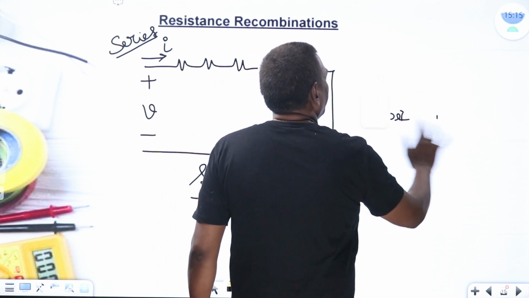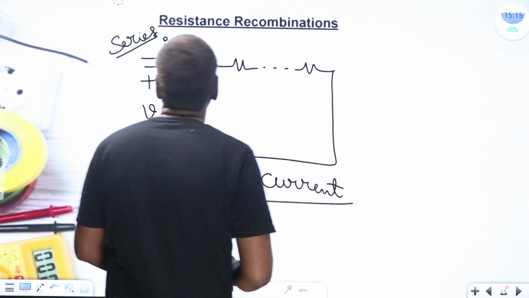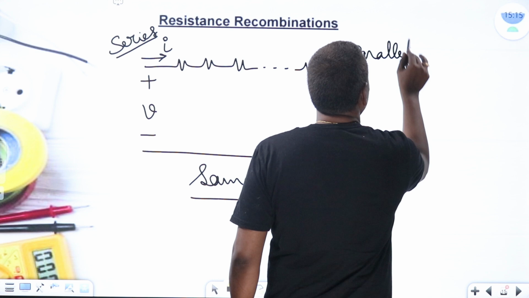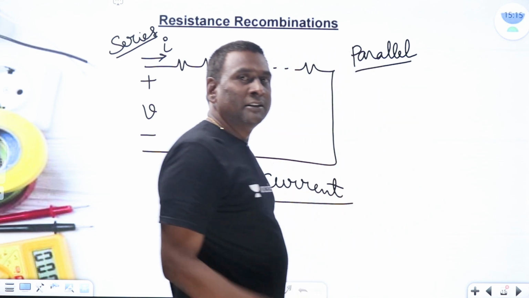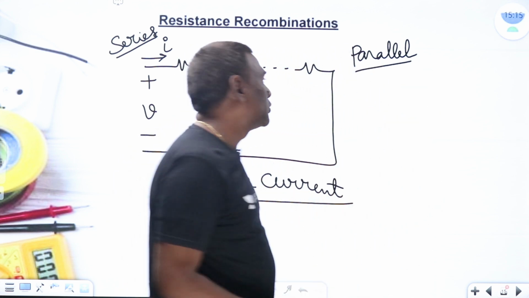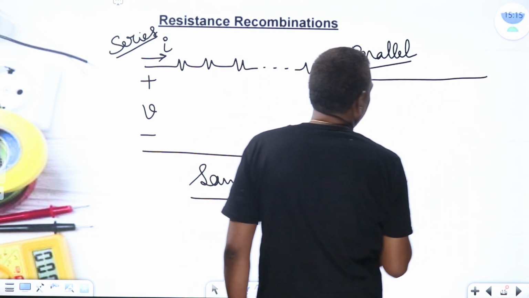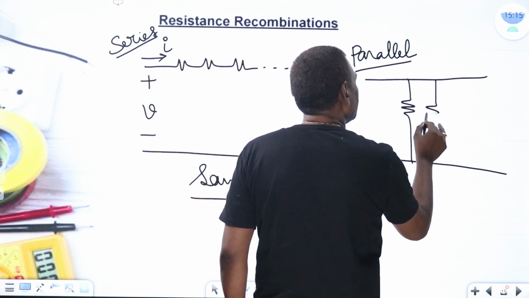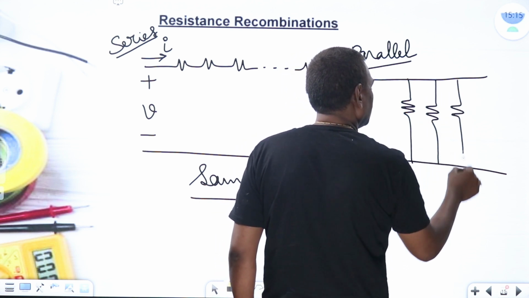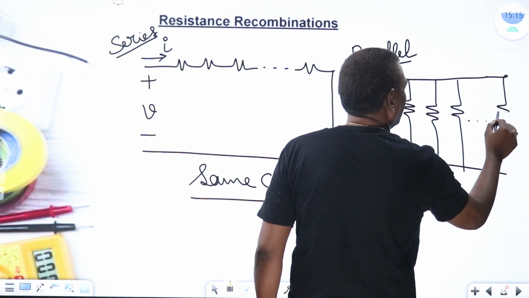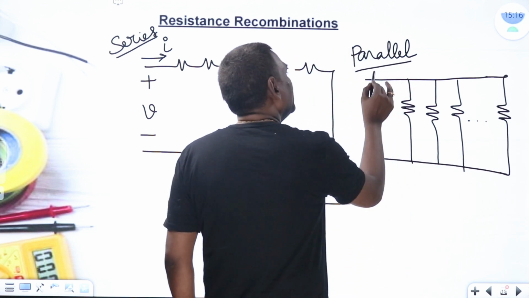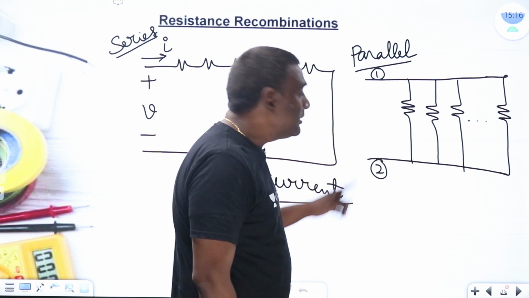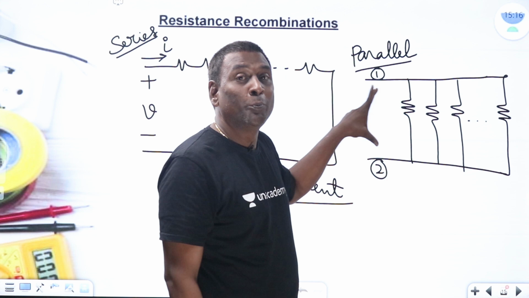Okay, now let us think of parallel. Parallel means the same pair of nodes, or 2 nodes. How many nodes are there here? If I think of this as node 1 and this as node 2, all the elements are connected to the same node pair.